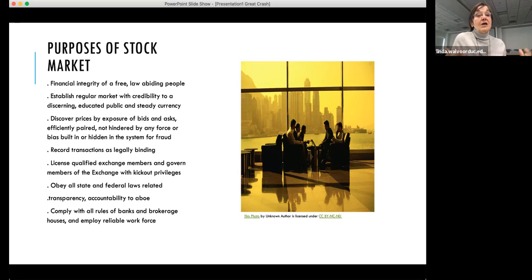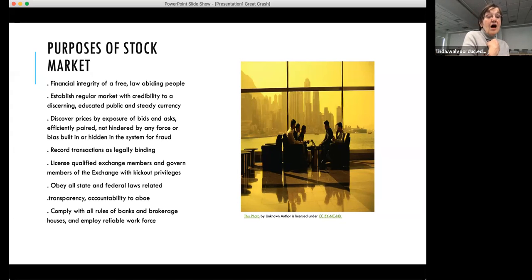And the will of the people to obey all state and federal laws that are related, even if some of them don't work correctly or create problems along the way. Transparency and accountability, which we expect in all of our transactions, controlled by Congress or subject to the law.